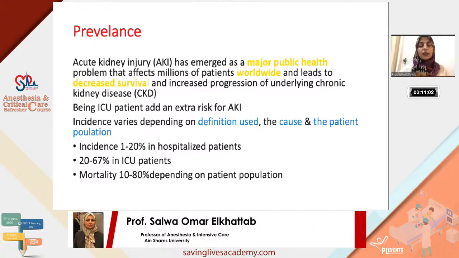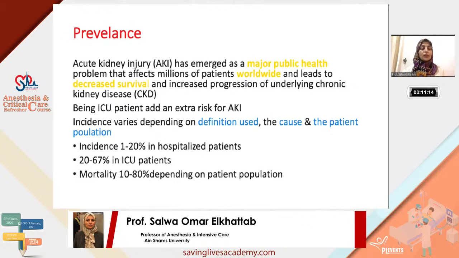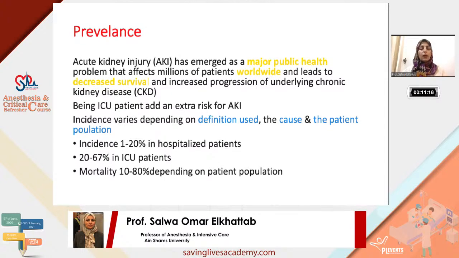The incidence varies depending on the definition used, the cause, and the patient population studied. It is from 1% to 20% in all hospitalized patients. This increases up to 67% in critical care areas, and mortality ranges from 10 to 80% depending on the patient population.